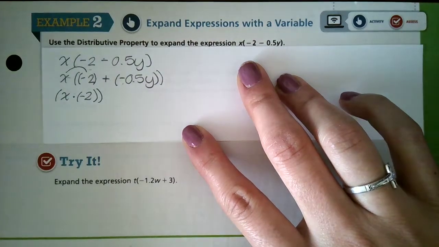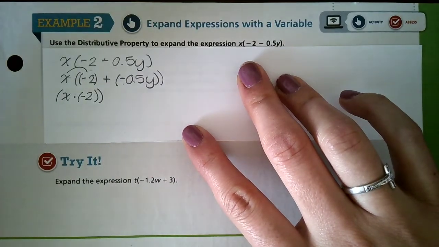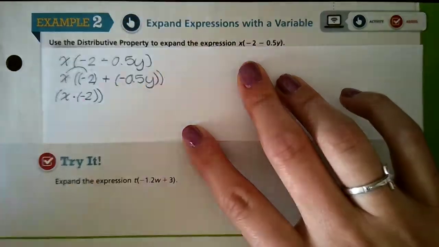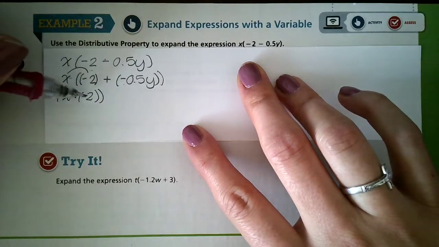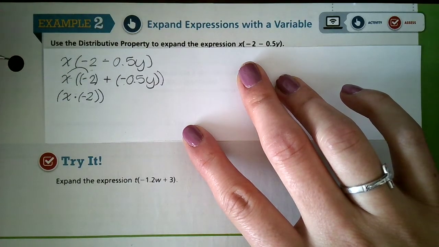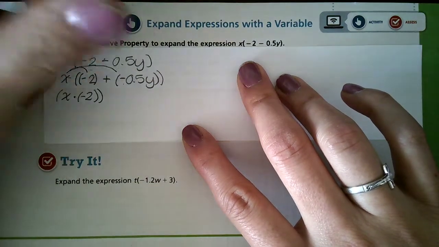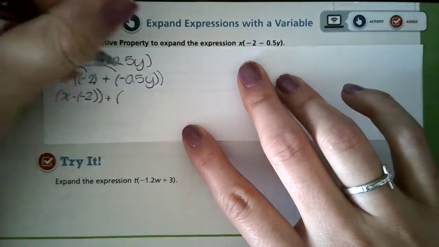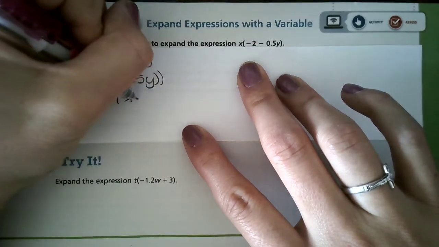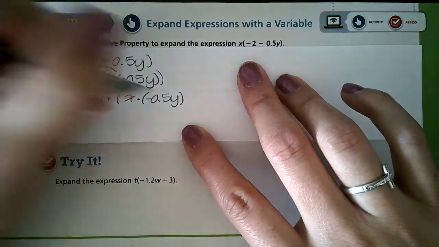Okay? And I know this might seem a bit excessive with the parentheses, but I just really want to make sure that I'm understanding I'm not taking x minus 2. This is still multiplication. X times negative 2. Now then here, again, I'm going to be multiplying x times negative 0.15y.